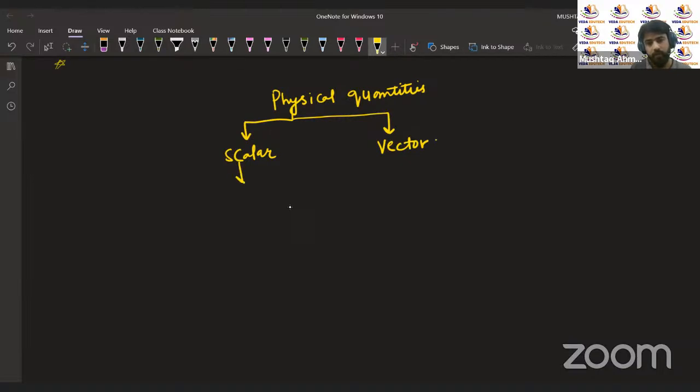Scalar quantities are those physical quantities whose direction has no significance. We only talk about the magnitudes of these quantities. Only magnitude is significant, but no direction.